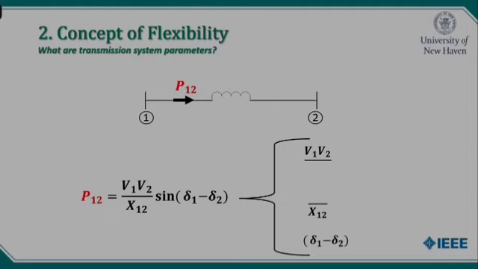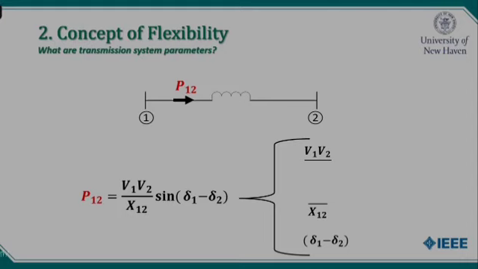This is the only equation I will use in this presentation, because my focus is more on concepts and not the mathematical presentation. You can see in this equation, we have the voltage, also reactances, and the angle of buses.